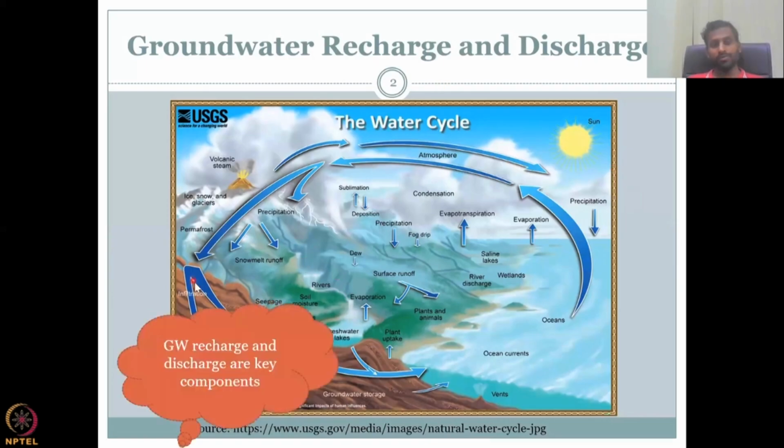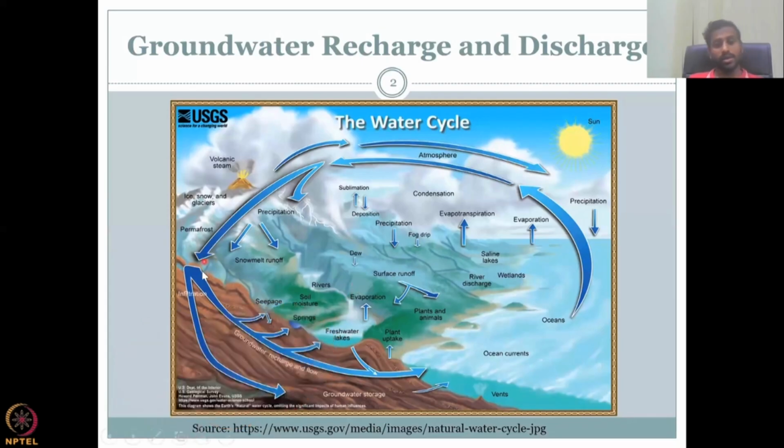for example, if groundwater recharge doesn't happen or discharge doesn't happen, what do you think will happen is that this water will never get into the aquifers, nor does it get out as base flow. So the cycle would be faster, because every water that falls on the ground would either be stored on top as lakes and rivers, or it runs off back into the ocean.